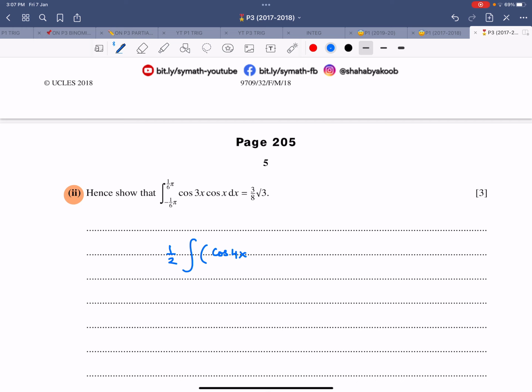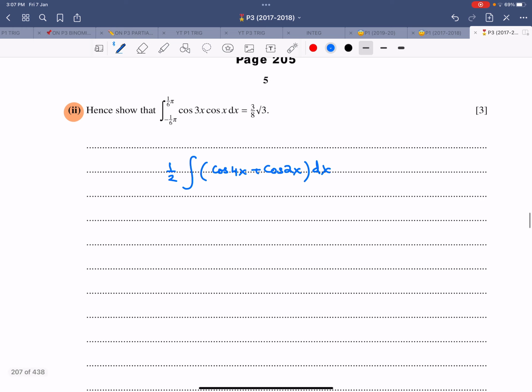Now this is a simple standard integral. Half remains on the outside. The integral of cosine 4x is 1/4 sine 4x. The integral of cosine 2x is half sine 2x. Your limits are negative pi by 6 and positive pi by 6.